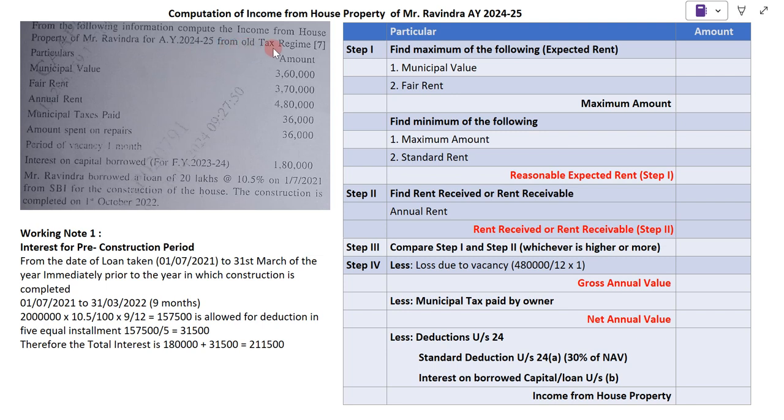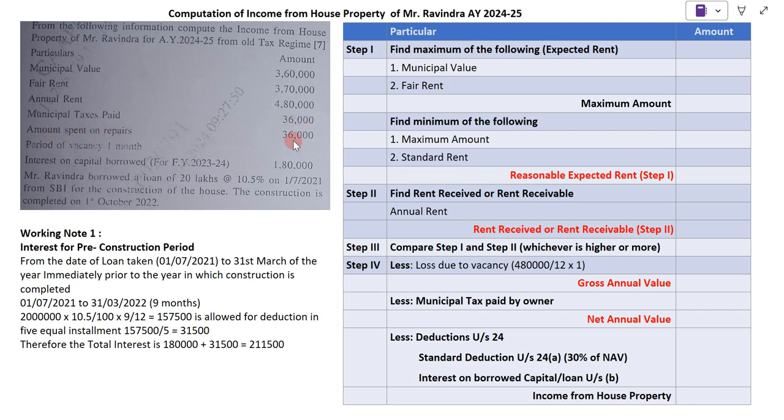From the old tax regime, particulars and amounts are given. Municipal value 3,60,000. Fair rent 3,70,000. Annual rent 4,80,000. Municipal tax paid 36,000.